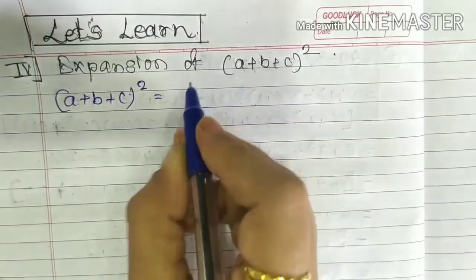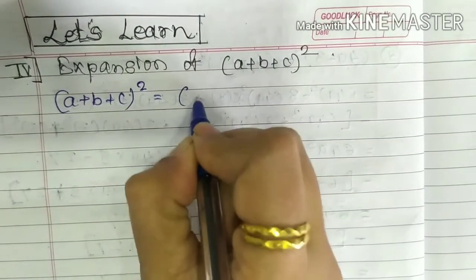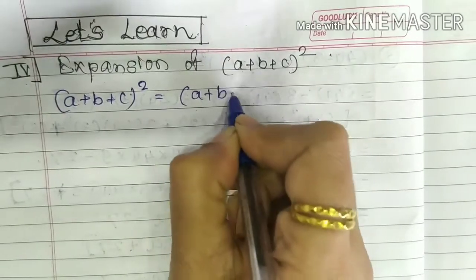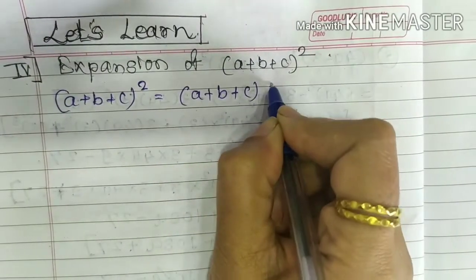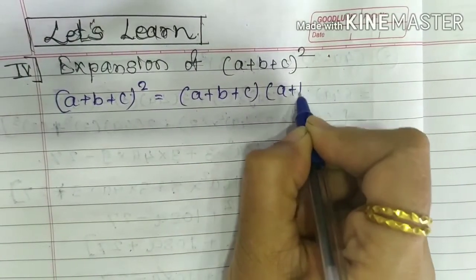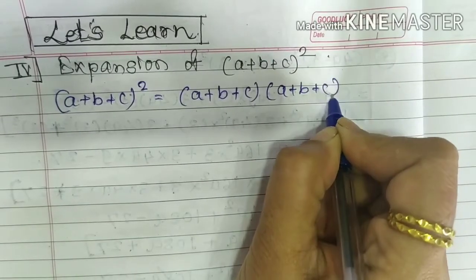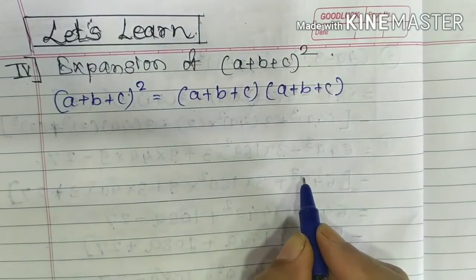We write it like this: (a + b + c) into (a + b + c), the bracket complete.